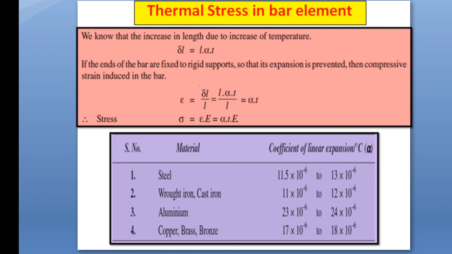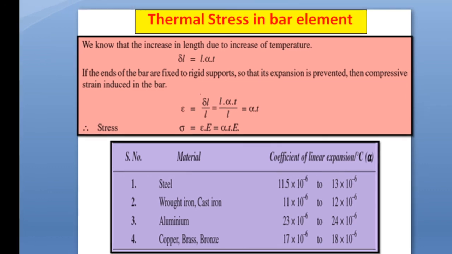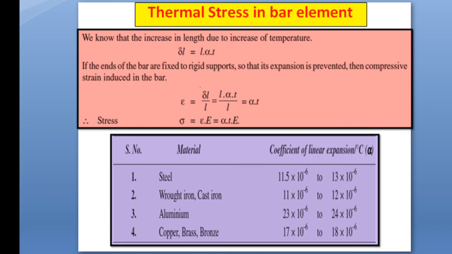According to Hooke's law, stress is equal to strain into modulus of elasticity. What is the value of strain? Strain is equal to alpha T, so putting it here it becomes alpha T into E. So temperature stress is equal to alpha T E. This is our equation to calculate the temperature stresses induced in the bar.